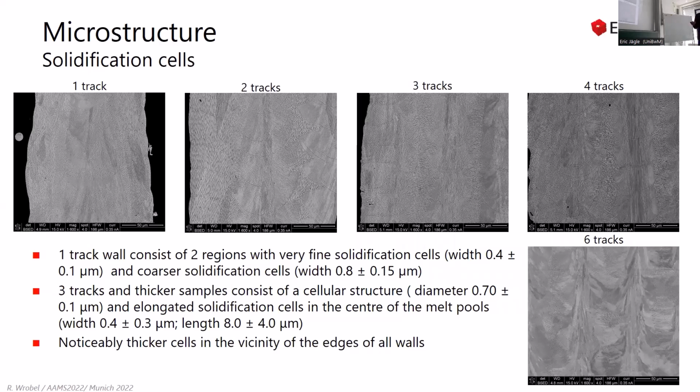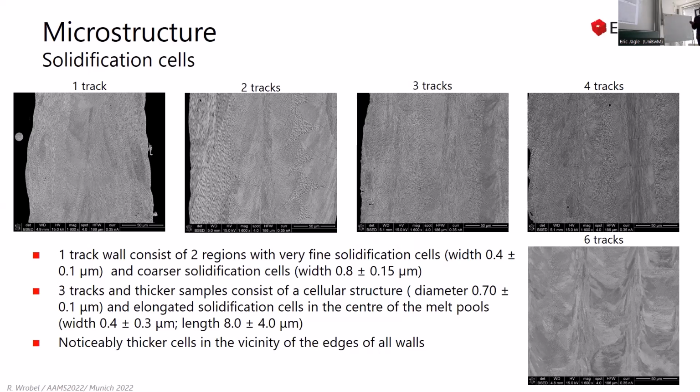I checked the primary dendrite arm spacing, and it shows a cooling rate of around 3.6 times 10 to the power of 6 Kelvin per second, while in the upper area, where we have coarser solidification cells, the cooling rate was around 10 to the power of 5.